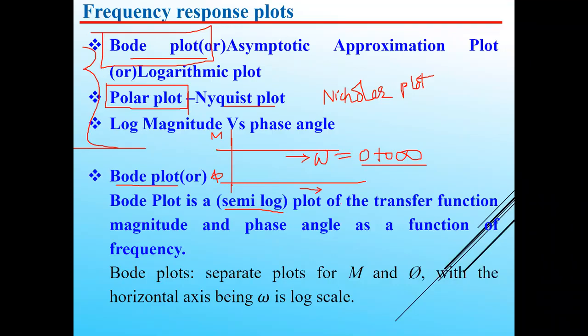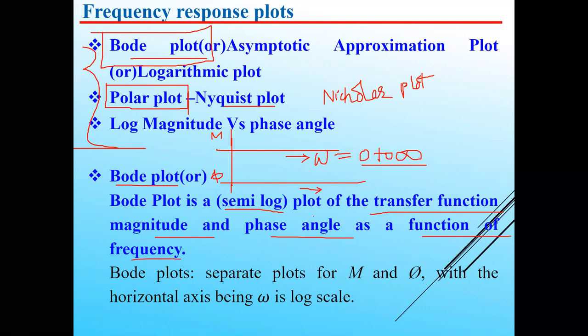So remember that the definition of Bode plot is a plot of transfer function, magnitude and phase angle as a function of frequency. So frequency is taken on the x-axis and magnitude and phase angle has been taken on the y-axis. These two different graphs are accommodated in one graph paper only, so that we can judge.